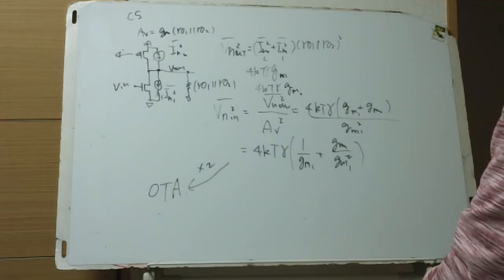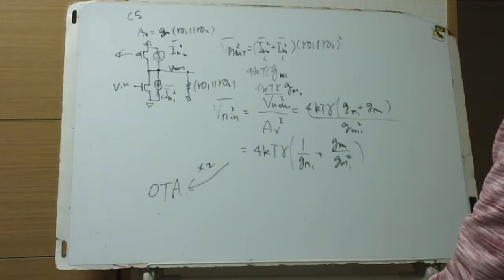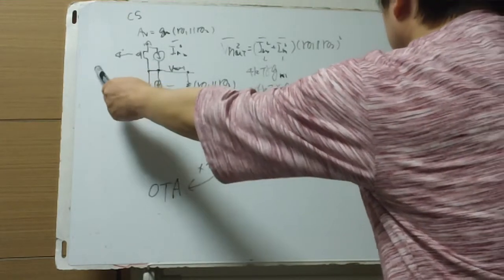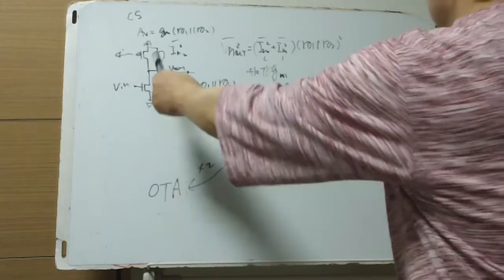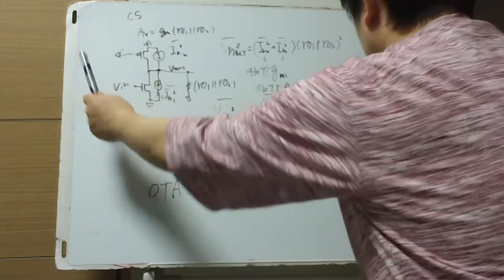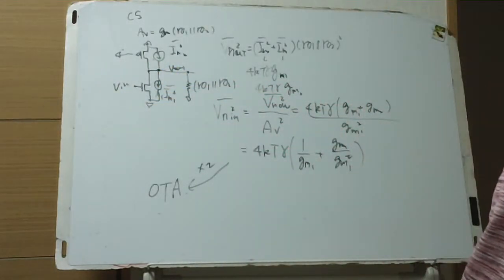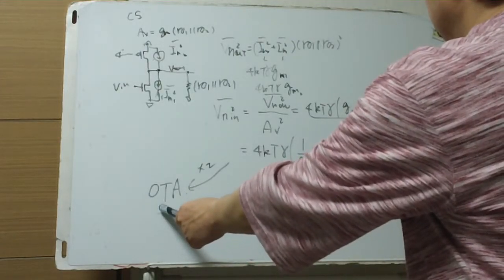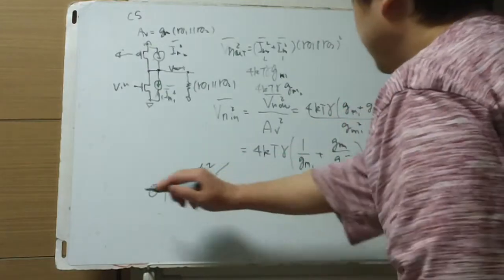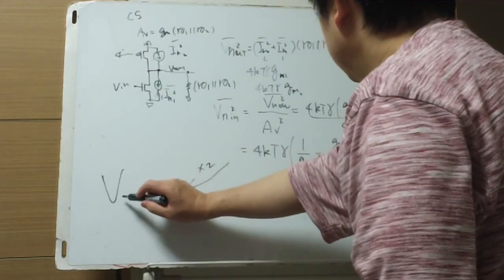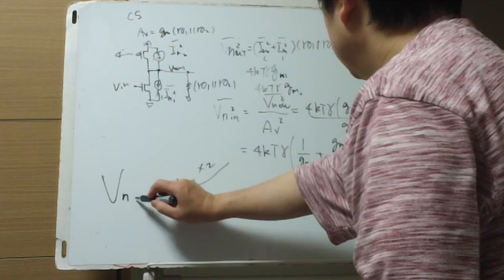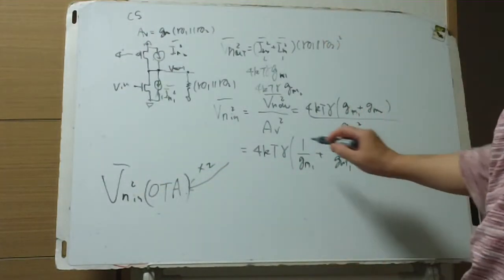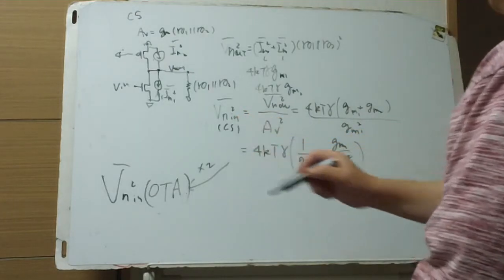The approximation derivation is these one branch and two branches for the OTA, the active current mirror OTA, differential amplifier: output noise divided by voltage gain equals the input referred noise of the OTA. This is for CS.